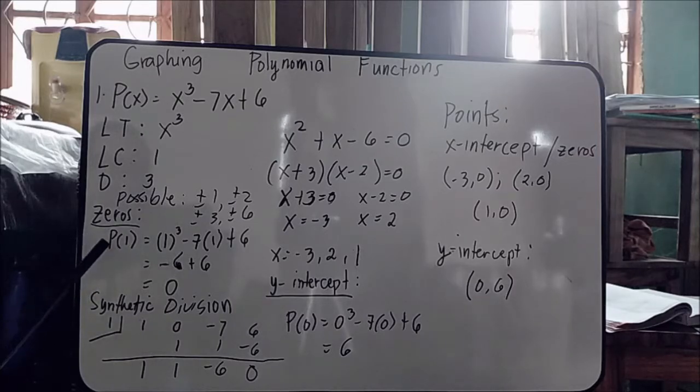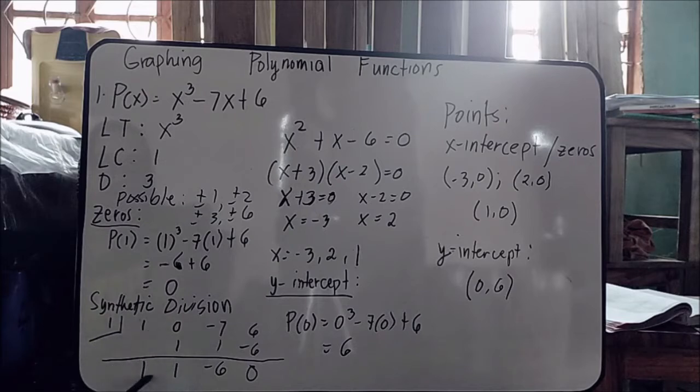So from these zeros we identified, let's use synthetic division to reduce our equation. So we drop down now the coefficients, which is 1. And since we have a missing term which is x squared, we insert 0. Then negative 7 and positive 6. So our divisor is 1.